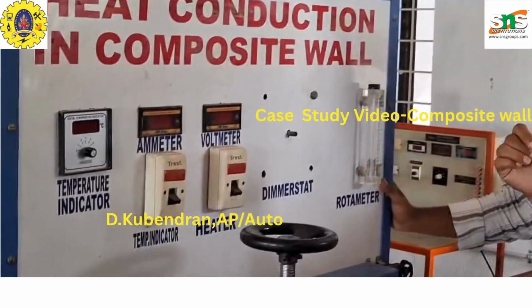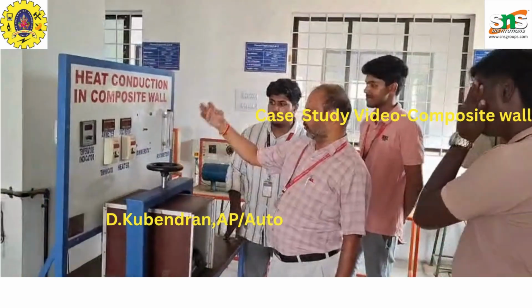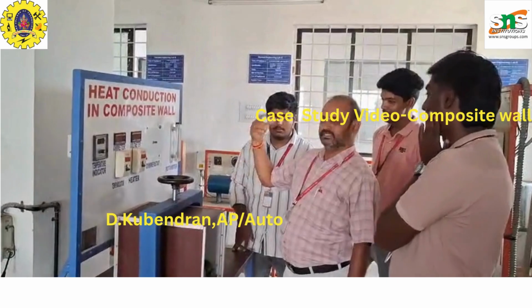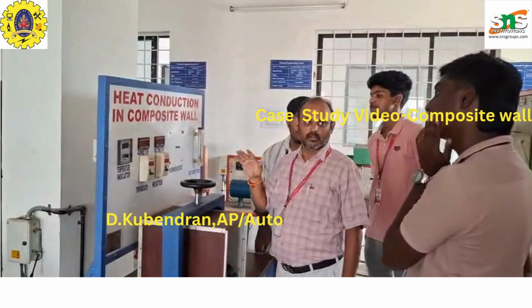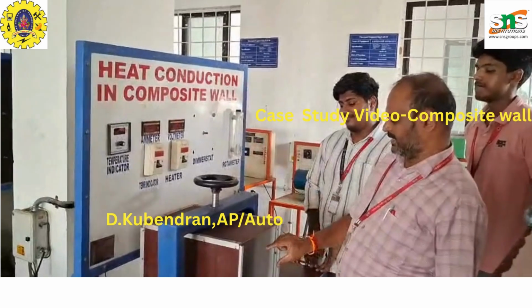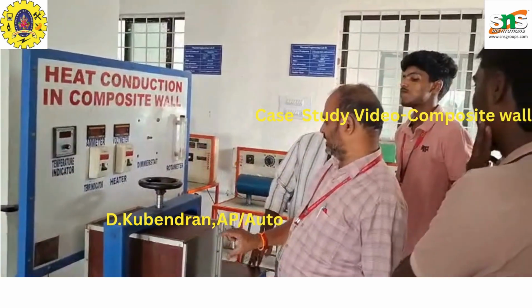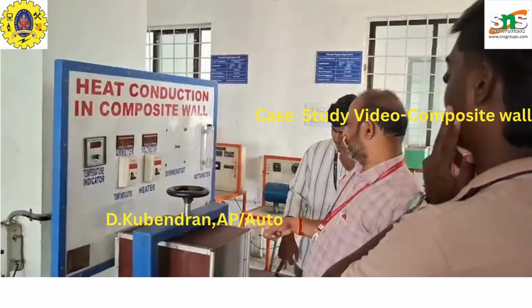What is meant by composite? Composite wall means two or more elements joined together. If two or more elements are available, that is a composite. In this composite wall, three layers of materials are arranged in series. If you heat one end, the other end will be heated automatically.